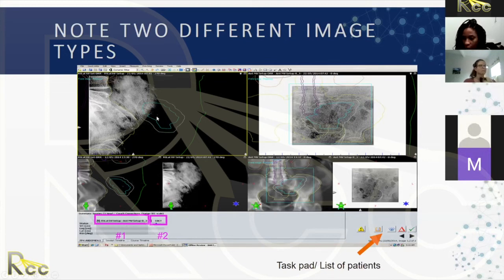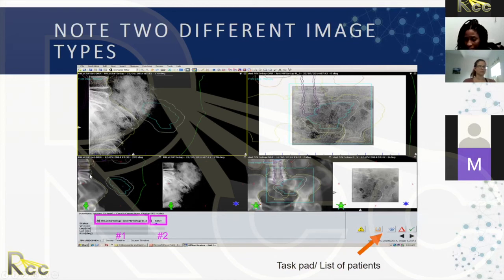So here's your KV setup image. This is a lateral KV. For the Eclipse systems, it always pulls it up like this. In the bottom left is your DRR, and on the top is the image that was acquired for that particular day. The top is your treatment image, essentially.